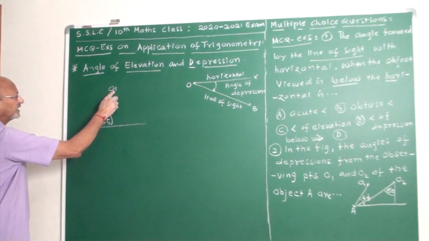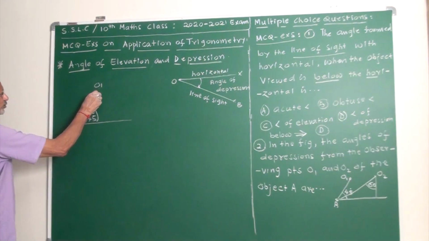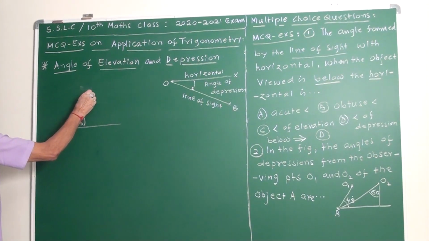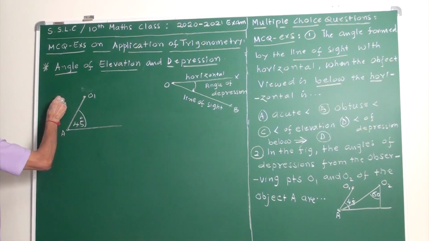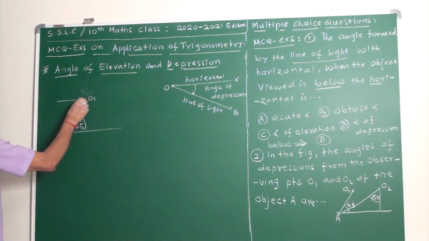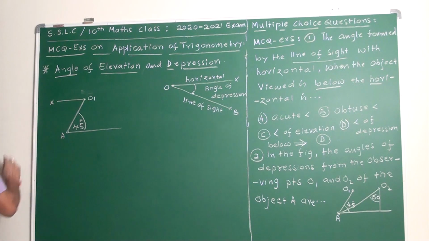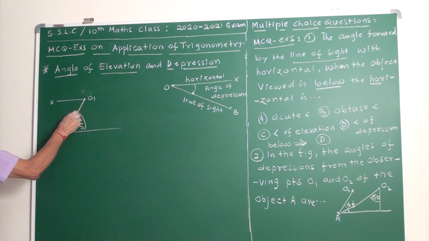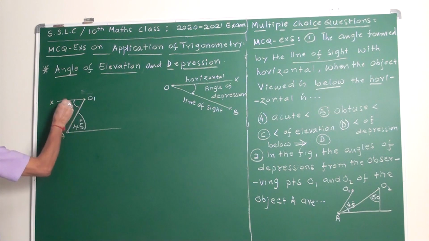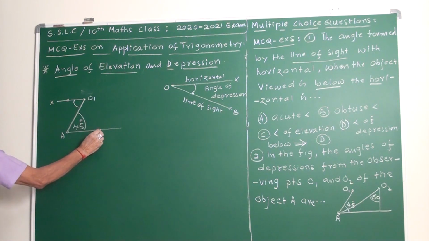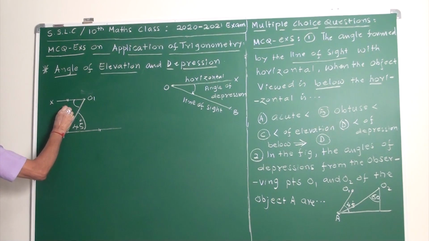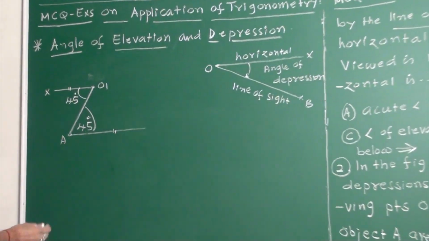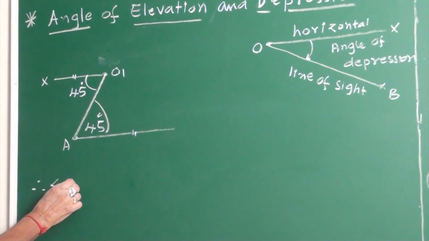From O1, you want the angle of depression. Through O1, draw O1X, which is a horizontal line. This is your line of sight. Then this angle should be the angle of depression. Then what about this and this? They are parallel lines. As this angle is 45, then my friends, this angle must be 45. Therefore, angle of depression.